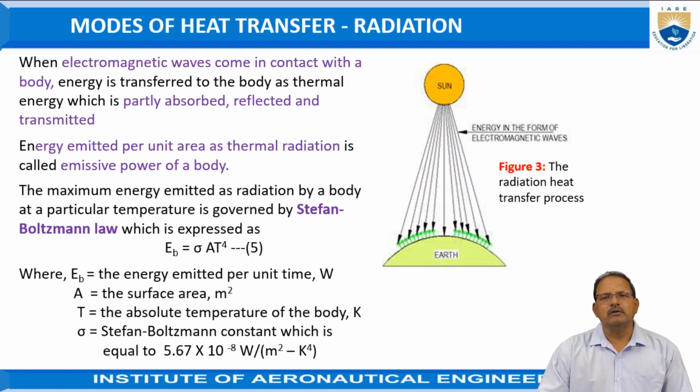Its value is 5.67 into 10 to the power of minus 8 W per meter square per degree Kelvin to the power of 4. These are the three modes of heat transfer that take place between two bodies or regions.